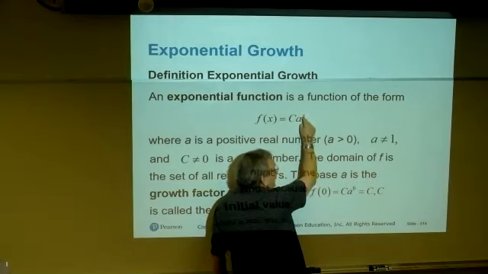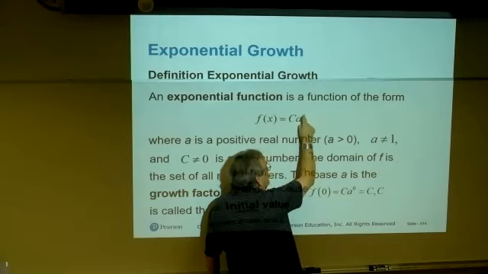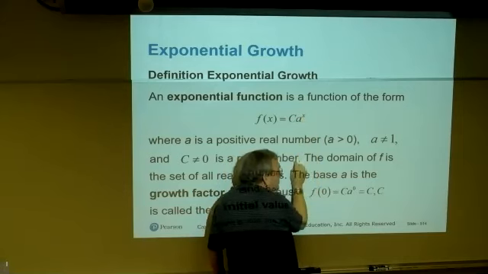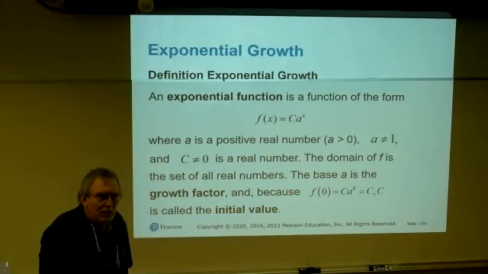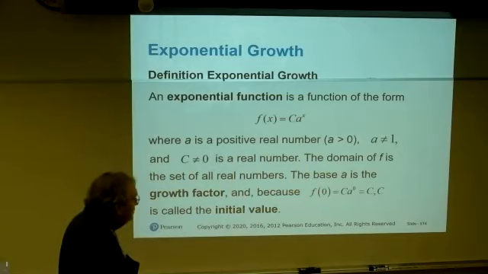I can use a negative 362. I can use pi. I can use negative 3 pi times negative 3 pi minus 4. So I can use any number here. Rational, irrational, negative, positive, 0.